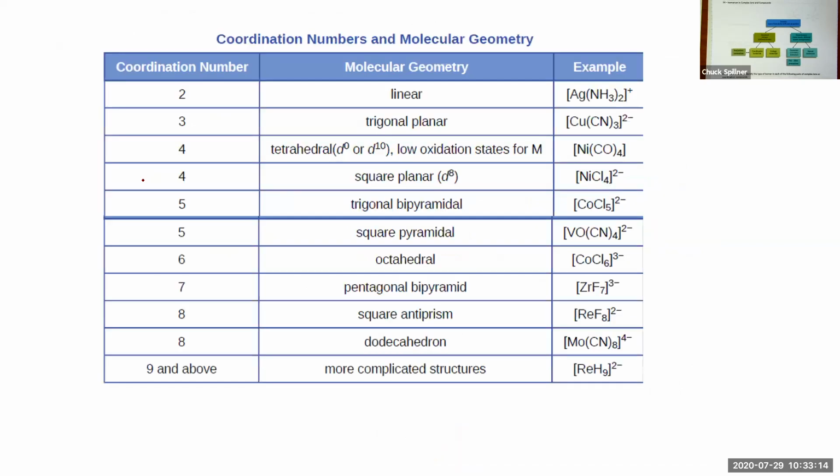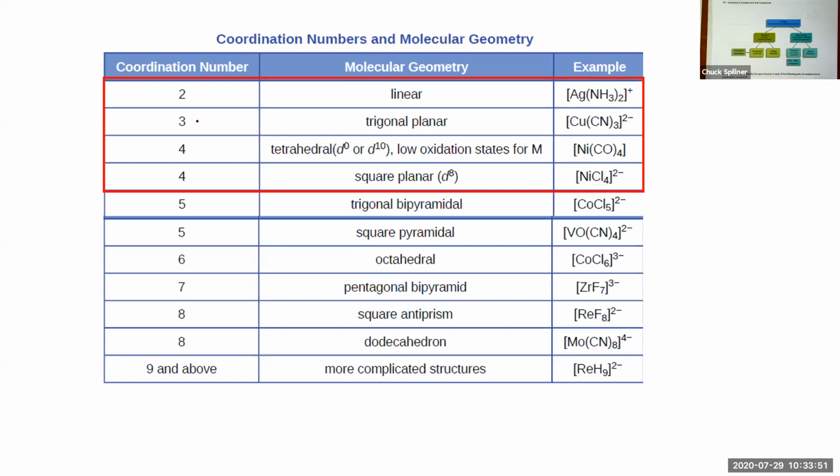And if we go up, here's a more extensive summary page that shows the name of the molecular geometry, the different coordination numbers from 2 to 8, and the different geometries you get with those. And there are some example complex ions or complex compounds shown in the right-hand column. But the most common ones are coordination numbers 2, 3, or 4.